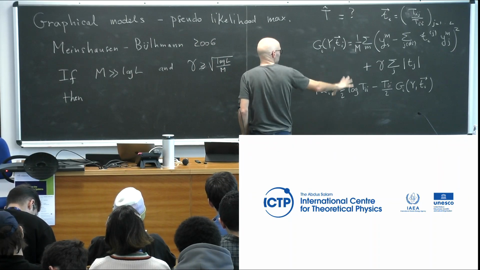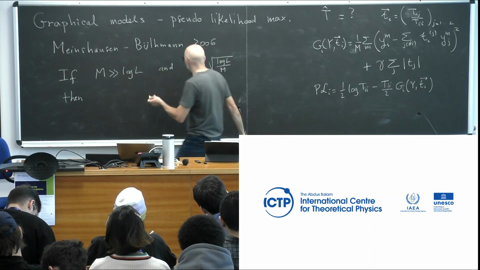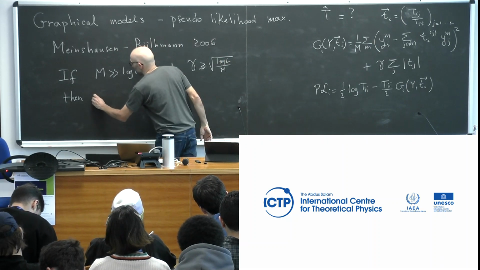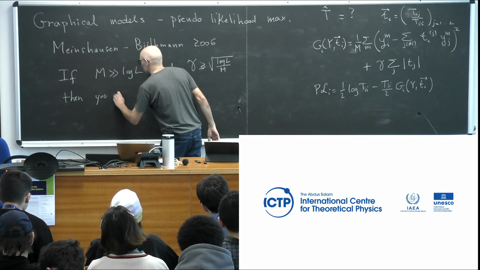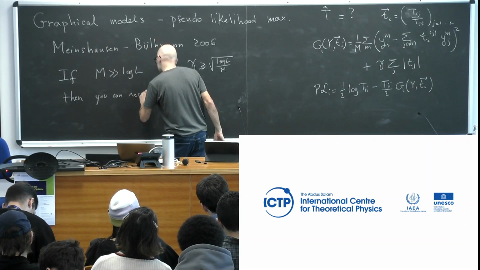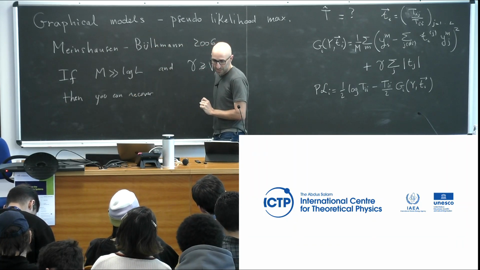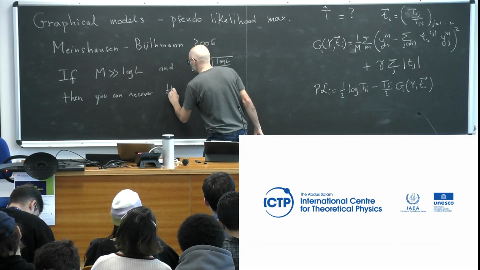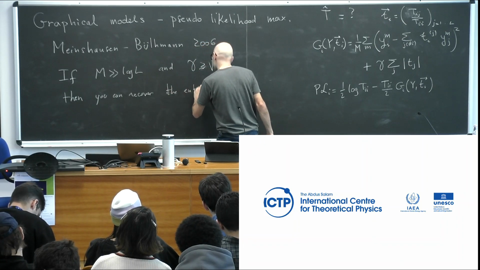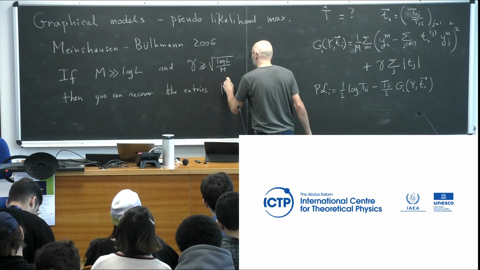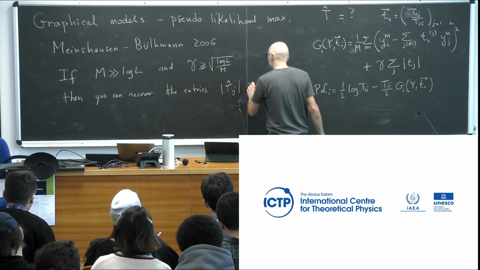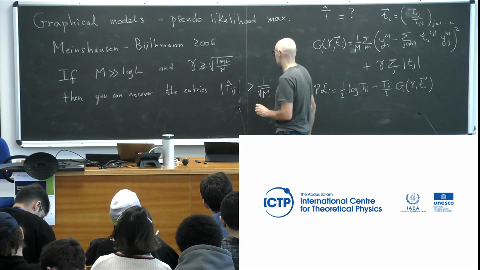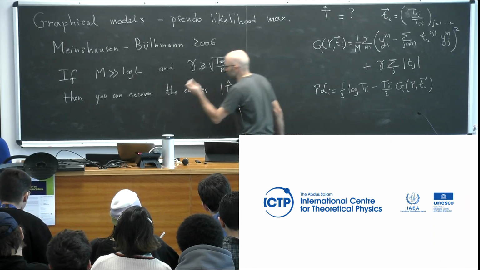from the pseudo likelihood maximization estimator, you can recover the entries of t hat bigger than 1 over square root of m with very high probability.